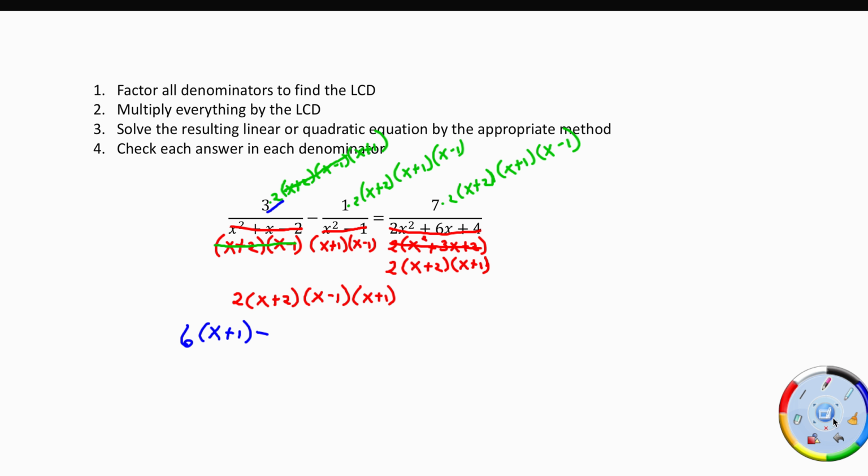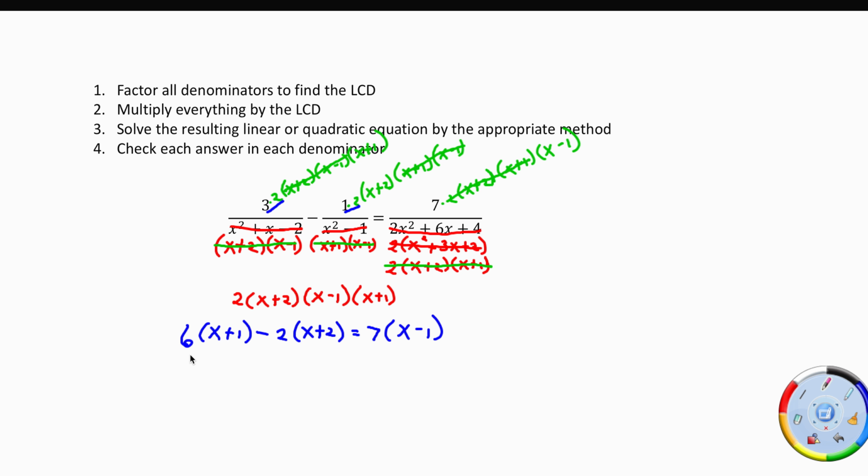Then I have a minus. Here, the x plus 1 and x minus 1 both get to divide out, which leaves 2 times x plus 2. Equals, here, the 2 and the x plus 2, x plus 1 get to divide out, which leaves 7 times x minus 1.